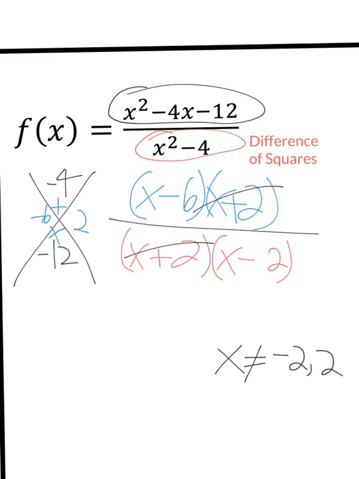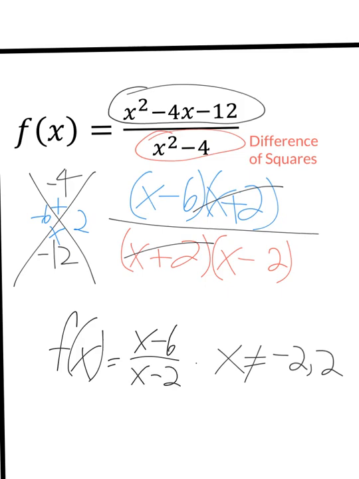Because like I said, whatever x values you plug into your new answer should work the same. Let's write it down, by the way, I'm kind of getting ahead of myself. So our new answer would be f of x equals x minus 6 over x minus 2, where x can't equal negative 2 or positive 2. And so, like I said before, this graph is going to be exactly the same as this, because this is just factored.